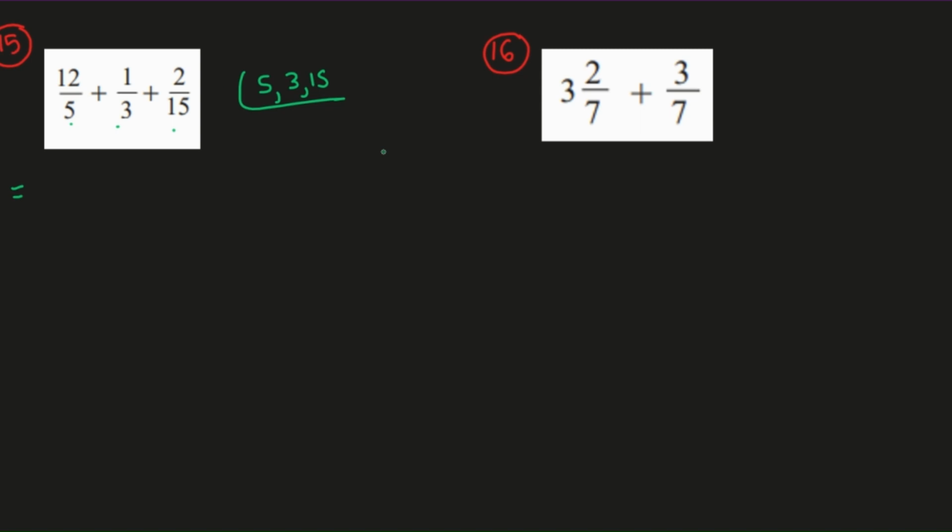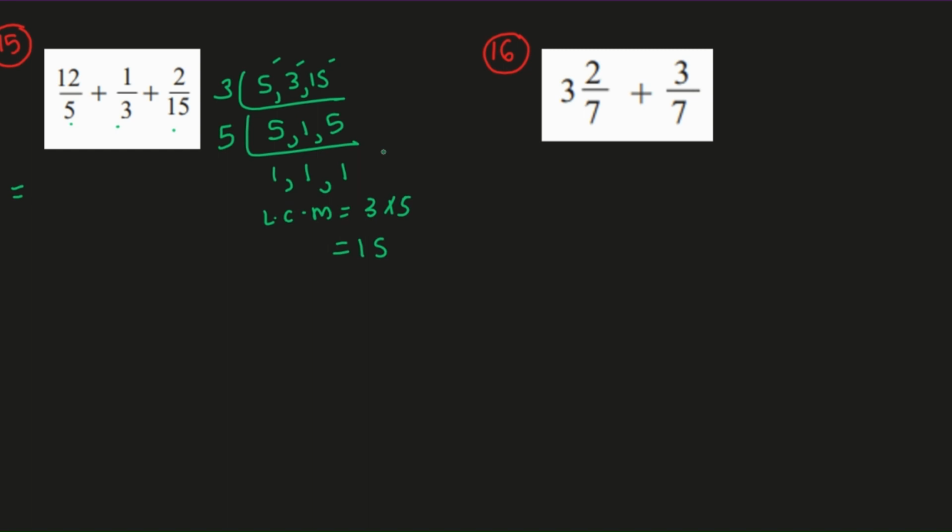The least prime number that you can divide any of these three numbers by is 3. 5 cannot be divided by 3, so I'm putting 5 as it is. 3 divided by 3, 1. 15 divided by 3, it's 5, right? The next prime number which would divide all these three values is 5. 5 divided by 5, 1, 1 and 1. So the LCM will be 3 into 5, it's 15, as I told you.